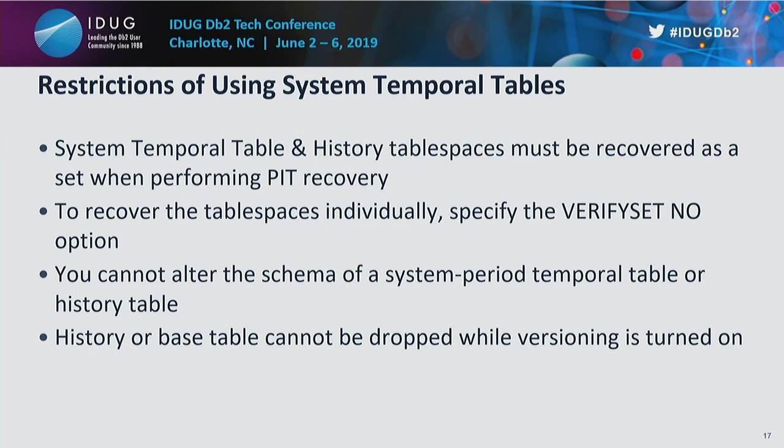You cannot drop columns, and you can't modify them, like changing the length from a CHAR 10 to a CHAR 20. To do that, you'd have to drop the versioning, make the changes on both tables, and then add the versioning again. So it's a three alter approach. It is possible, it is doable. It's just something to keep in mind that once you have your versioning set up, you have to keep them in sync, and if you do make a change, you have to drop the versioning and make those changes.